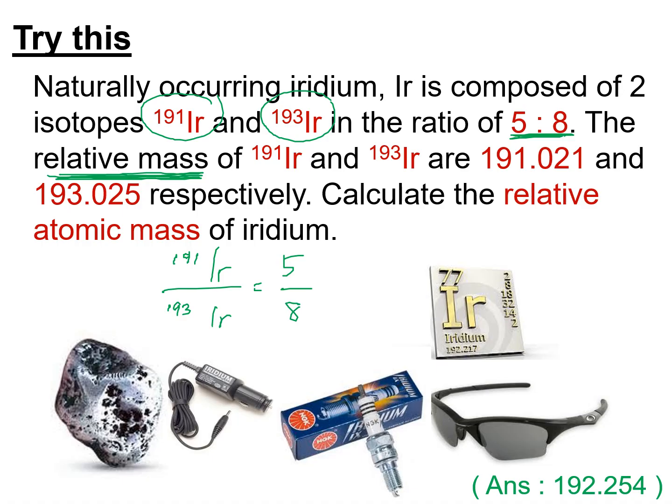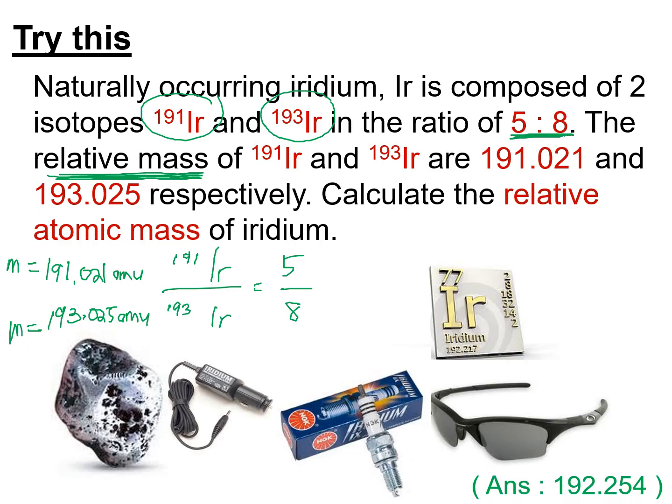So 191Ir dia punya isotopic mass dia bagi 191.021 AMU. And then the relative atomic mass untuk 193Ir pula adalah 193.025 AMU. Okay.